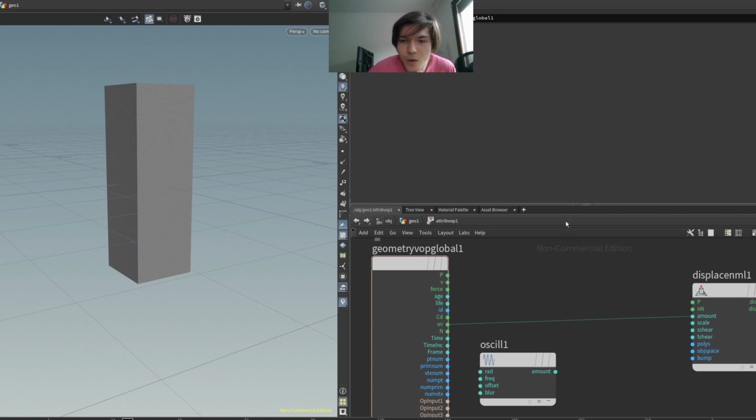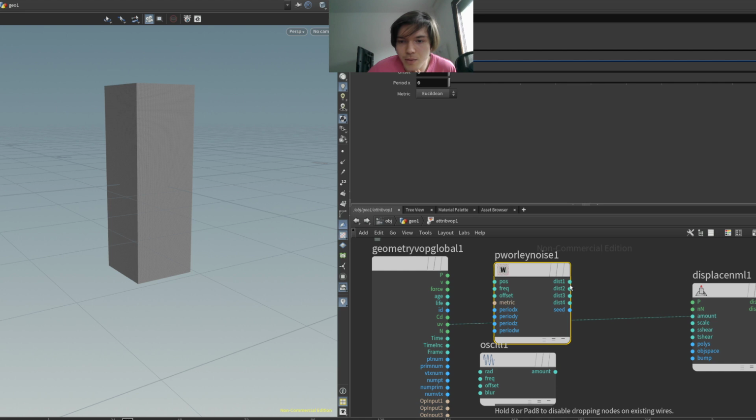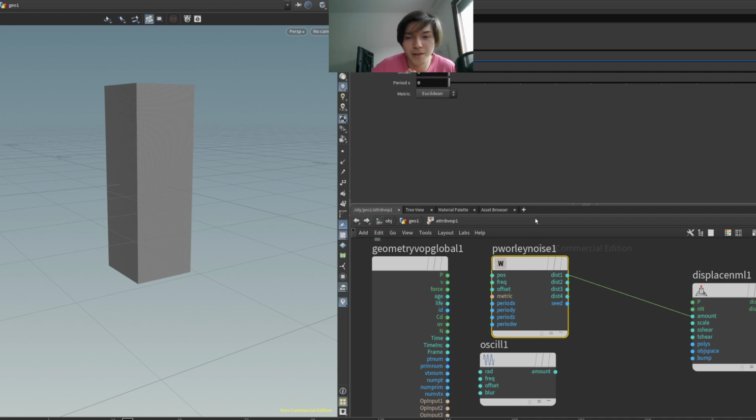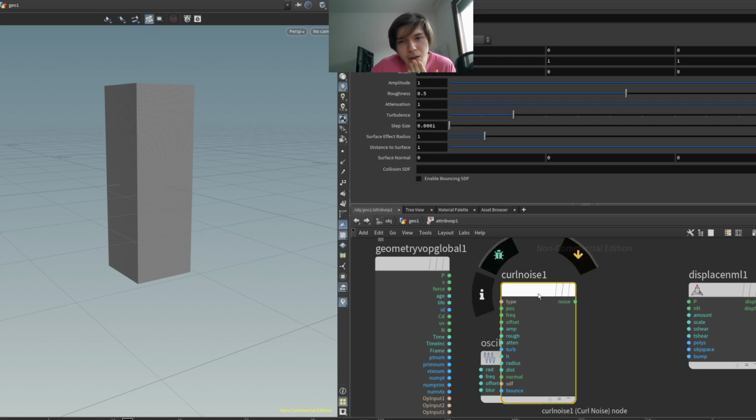I think that we are indeed just gonna use a noise, maybe even a periodic Worley noise, and see what this is doing. Or we're gonna just choose a noise that we know is working, or does something at least. The curl noise, or was it the curl noise that I was thinking about?